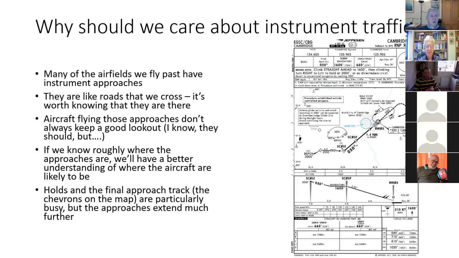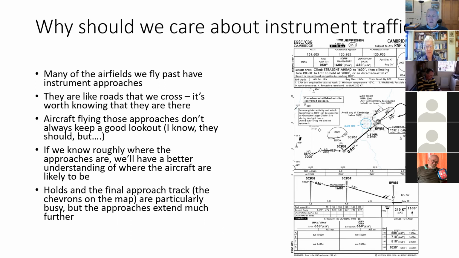The people doing this, the aircraft flying the instrument approaches, aren't very good at keeping a good lookout. You know, I know they should, but realistically they don't. And the reason for that is a lot of them are training. So you've got two people sitting in the front of, I don't know, a twin perhaps, or maybe a single engined aircraft.